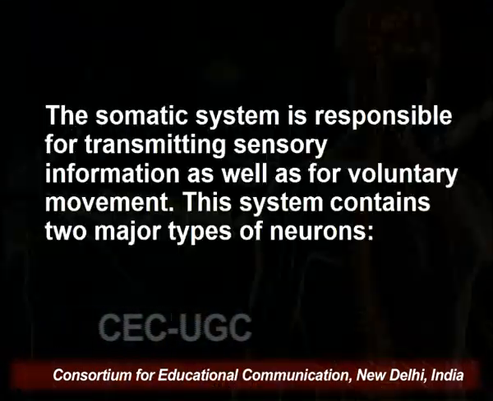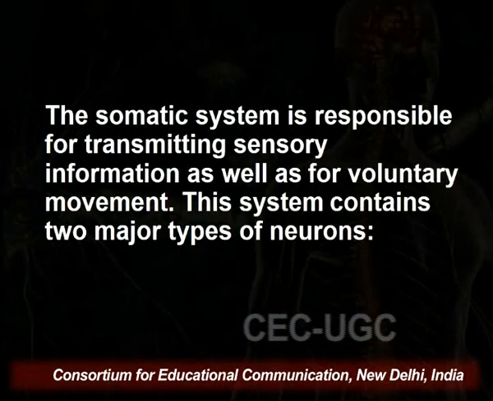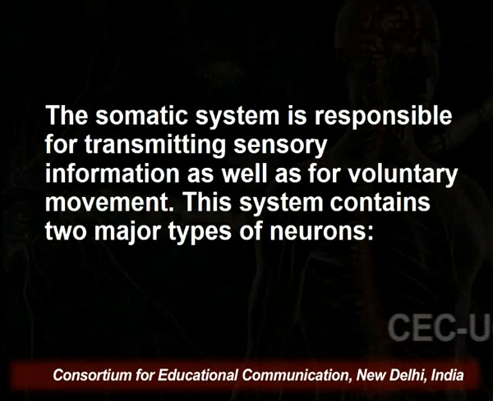This helps you to instantly pull away your hand when touching a hot object or any danger. So the somatic system is responsible for transmitting sensory information as well as for voluntary movements.